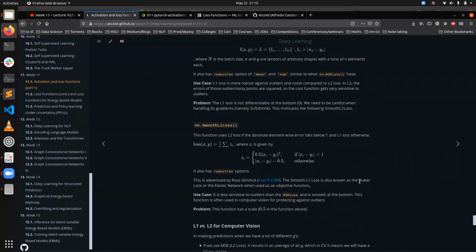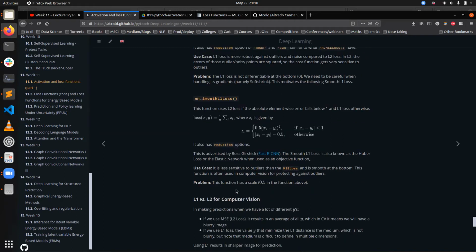It's also called the Huber loss. It is less sensitive to outliers because it uses L1 loss for large losses, and it's smooth at the bottom. This function is used in computer vision for protecting against outliers. Okay, this has a scale, which, as we saw, has issues of its own.